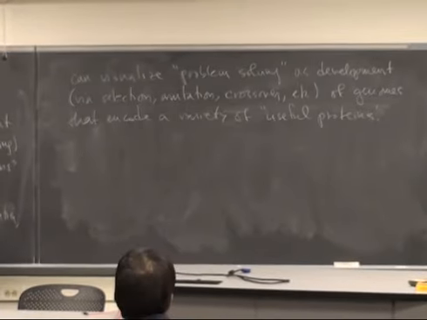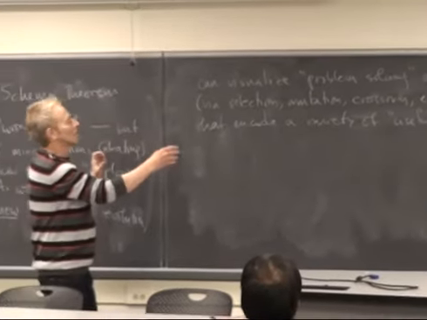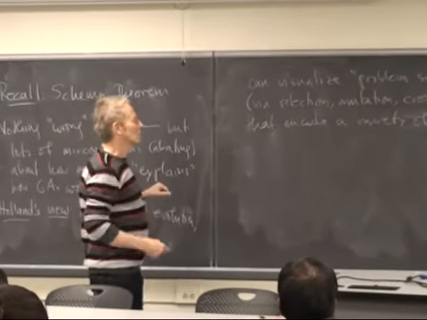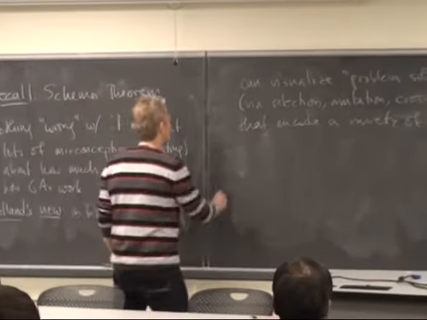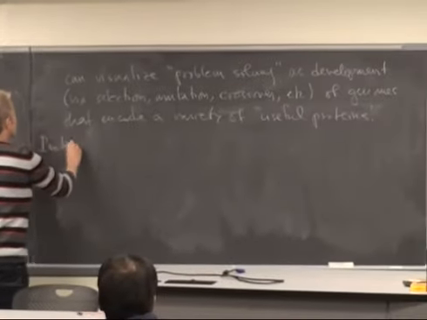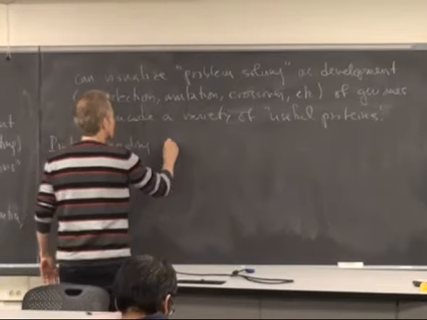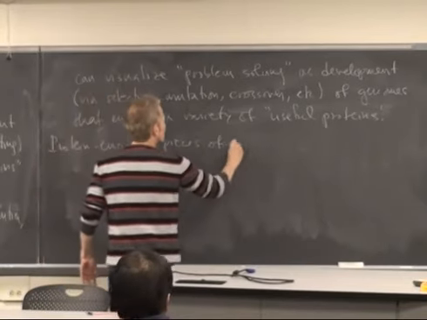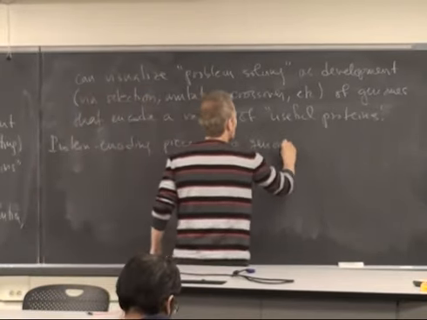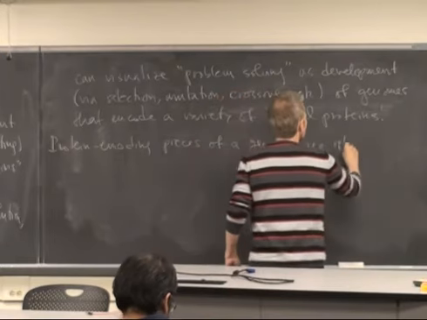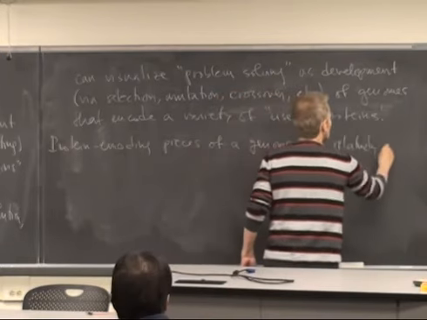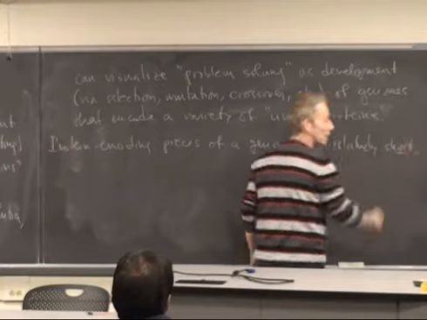So protein-encoding pieces of a genome, even if they're not contiguous, tend to be rather small. Protein-encoding sequences of a genome are relatively short. Okay?